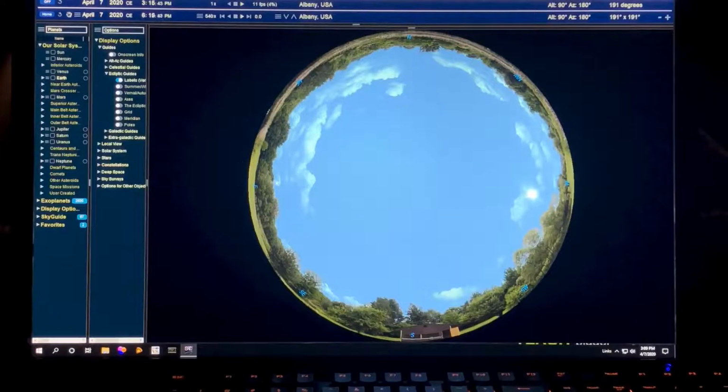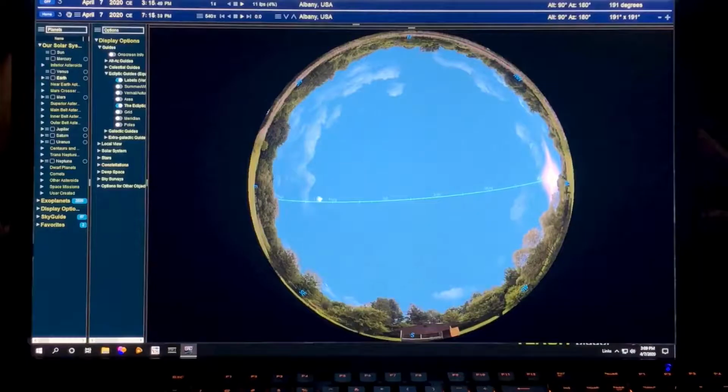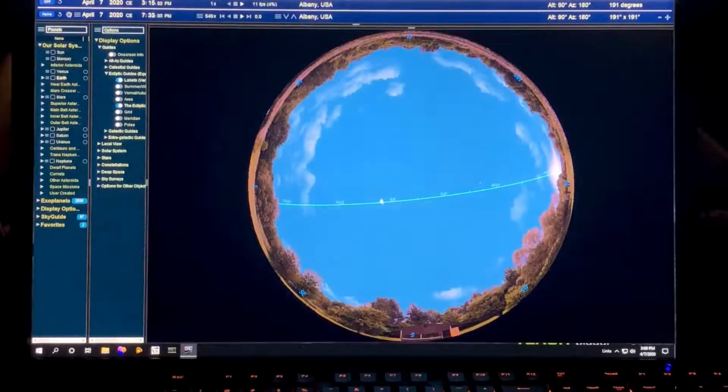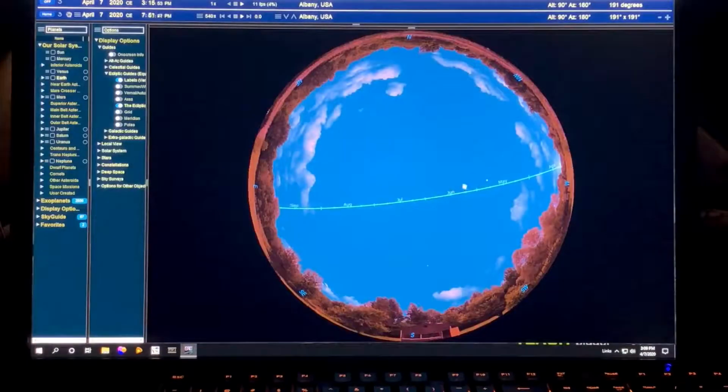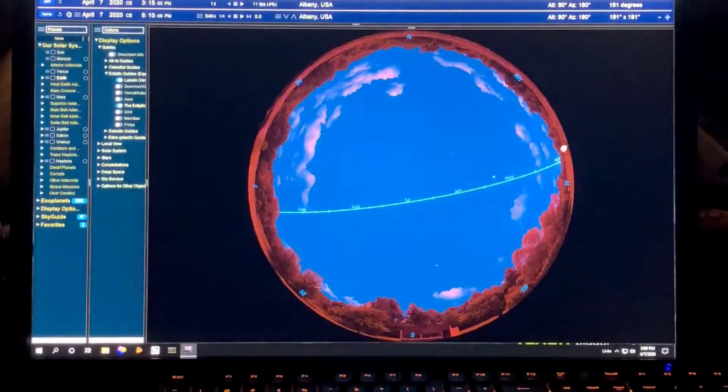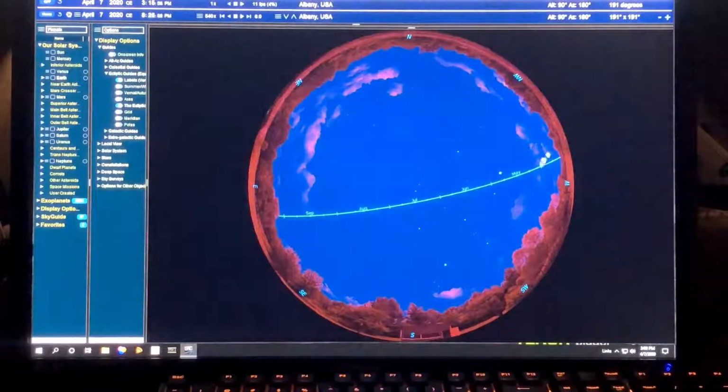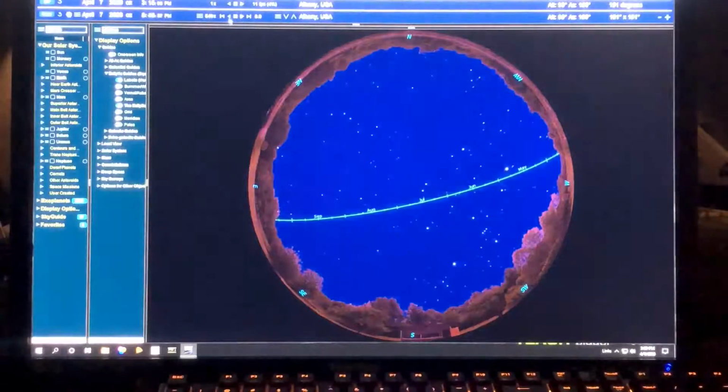Well, if you were to track that path that it's taking, we've got this line right here, and that is the path that the sun appears to take day in, day out, as it moves across the sky.